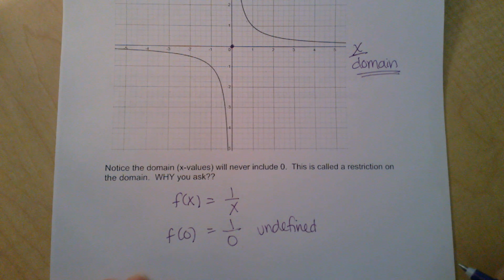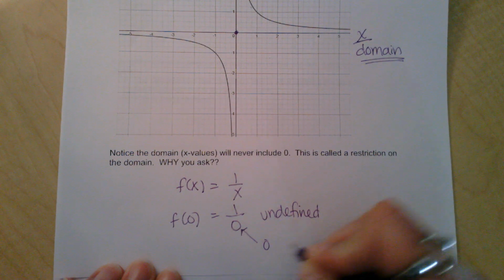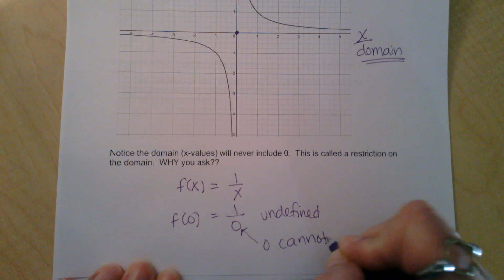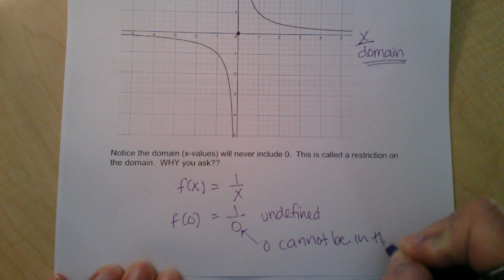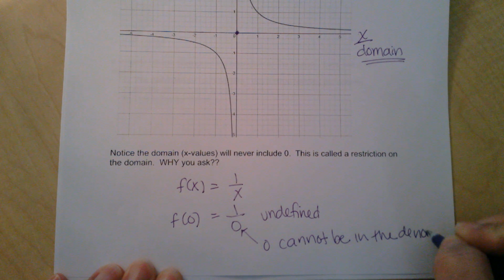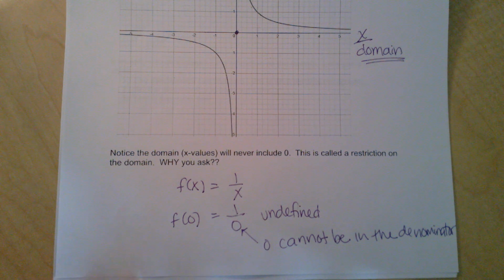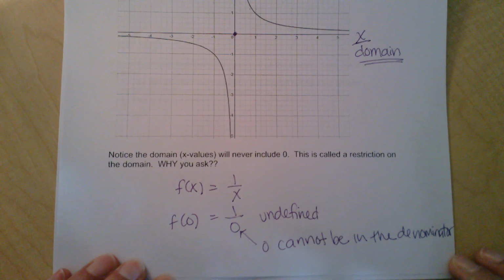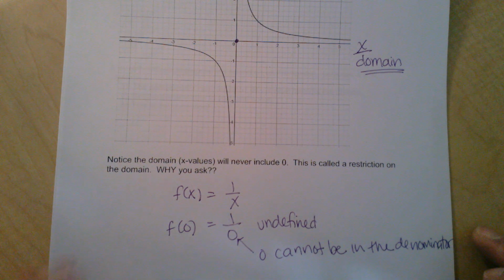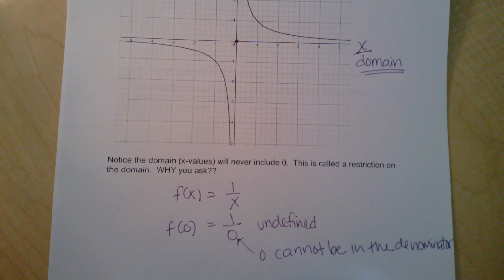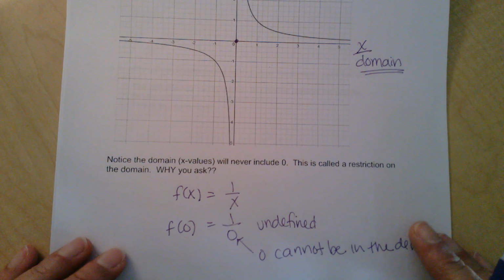And that's why there's a restriction, because 0 cannot be in the denominator. So that's what sets up our restrictions. Knowing that, let's look at a couple other types of rational graphs and see what their restrictions are and how we can find them.